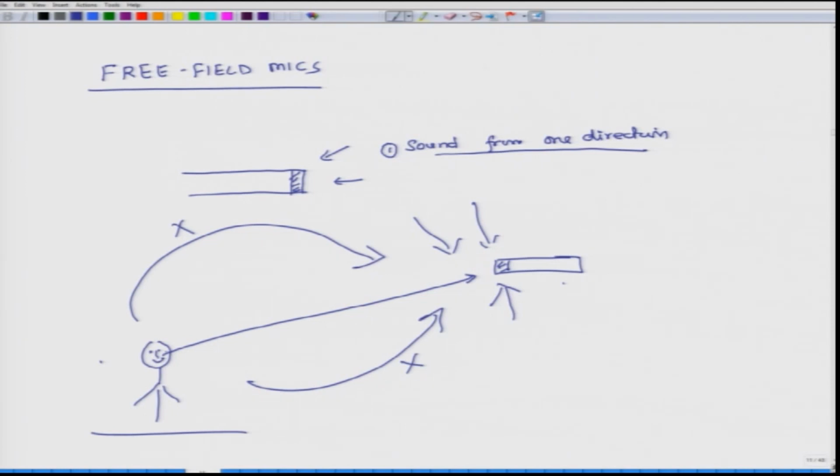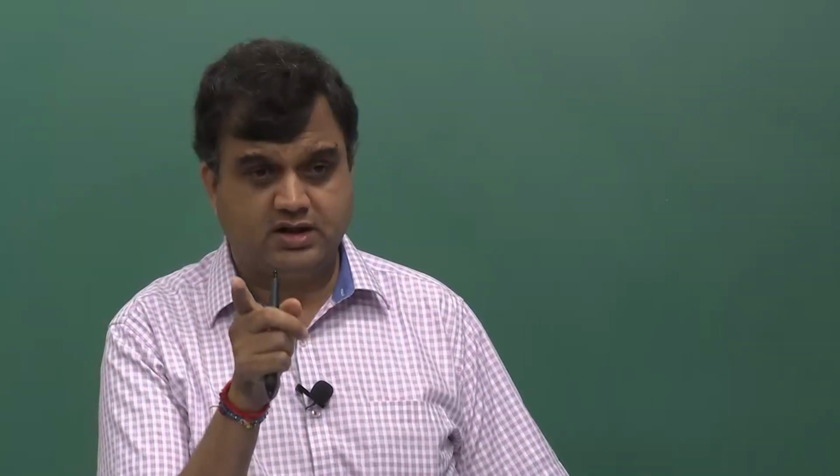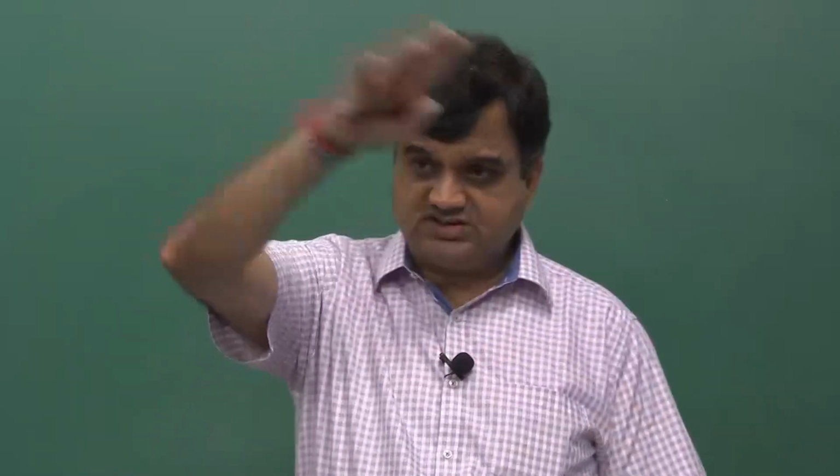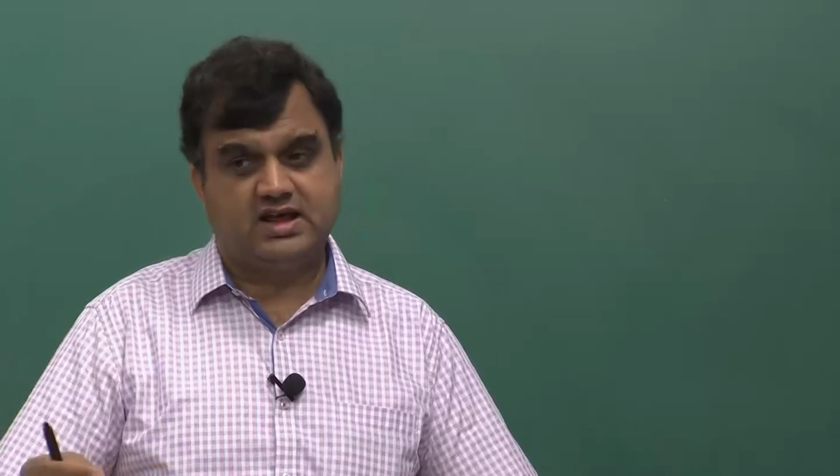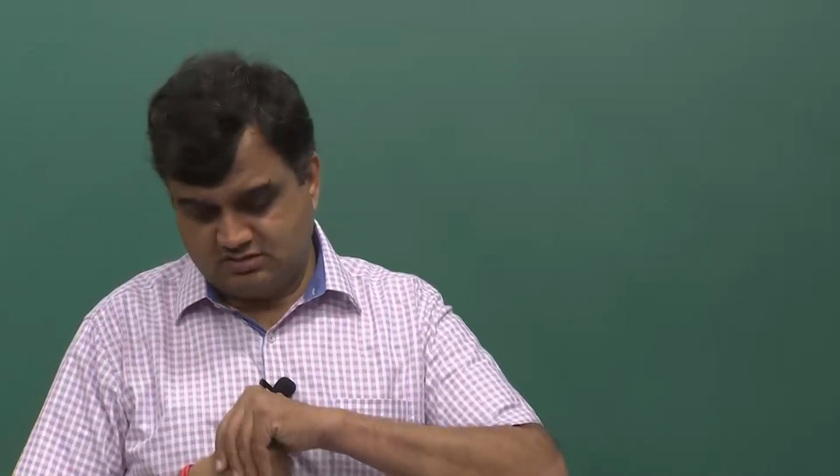We are talking about sound coming primarily from only one direction, because there are no reflecting surfaces around. Whatever the source emits, the line that connects the microphone and the source is the direction from where the sound comes.